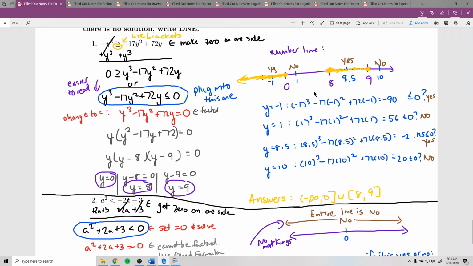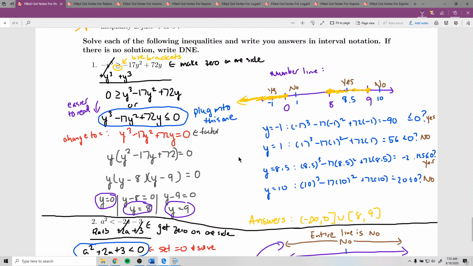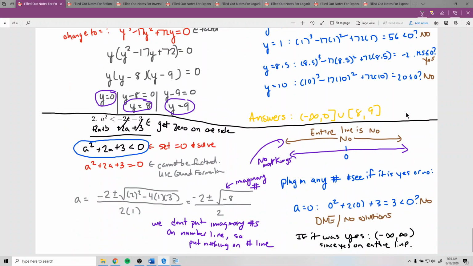If you do get markings like we did up here, which will be 99, that might be over exaggerating, but 90% of the time, you just do it like this every time. Okay. But that is polynomial inequalities.